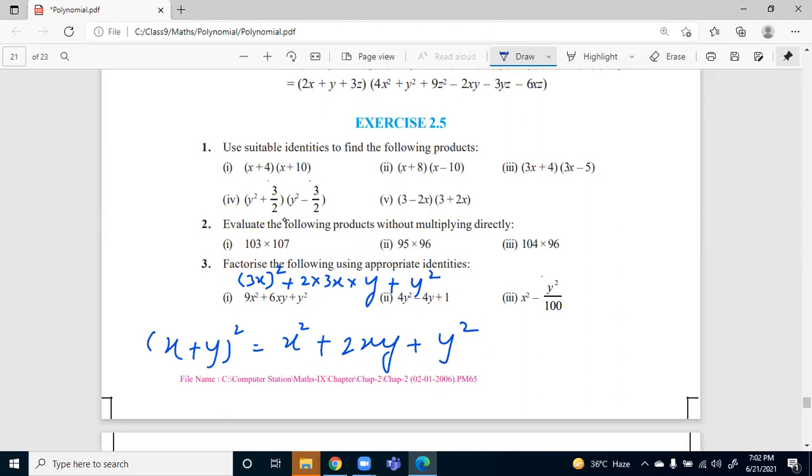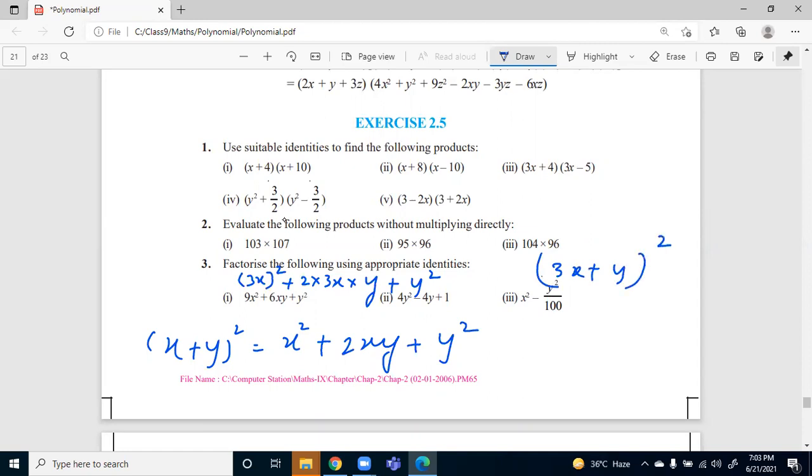So you can see this is like the right hand side of identity number 1. So what is the left hand side of this? I can write this as (3x plus y) whole square.